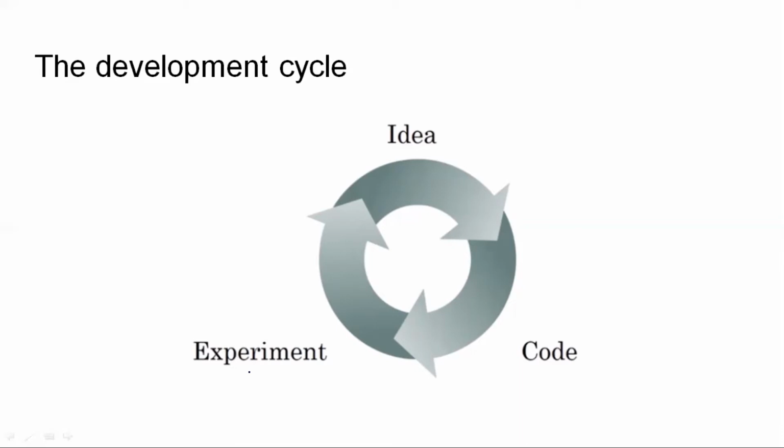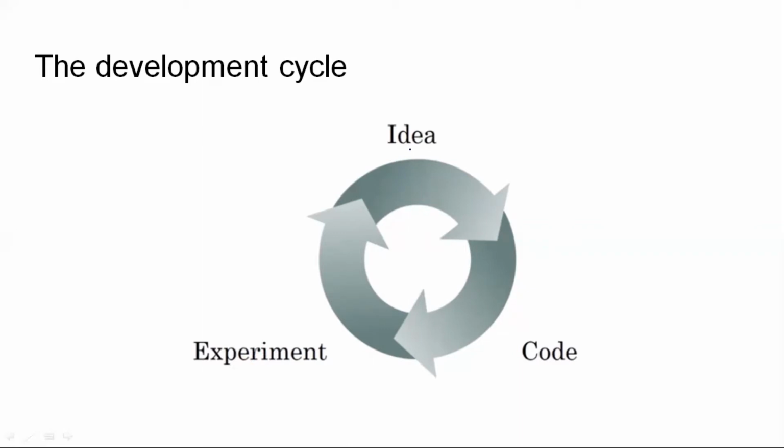Then finally we do some experimentation, and we analyze the results of the experiment. If we see that the model is accurate, then nothing is to be done. But if we see that more tuning can be performed, then again we can have some new idea.